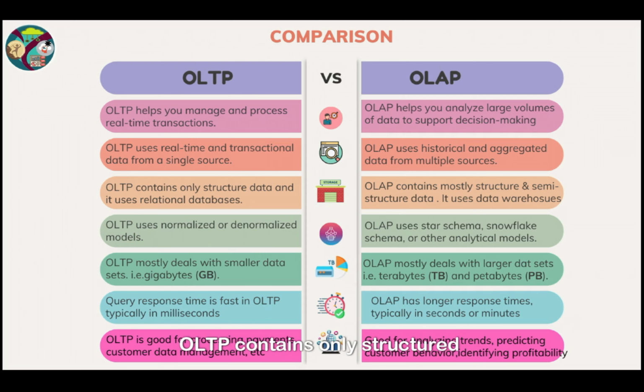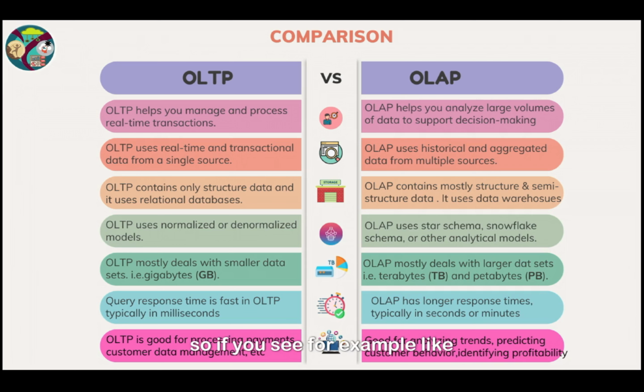OLTP contains only structured data and it uses relational databases. OLAP contains mostly structured and, to some extent, semi-structured data as well. OLTP systems are mostly famous as relational databases, whereas OLAP is a kind of data warehousing system, not a regular database.